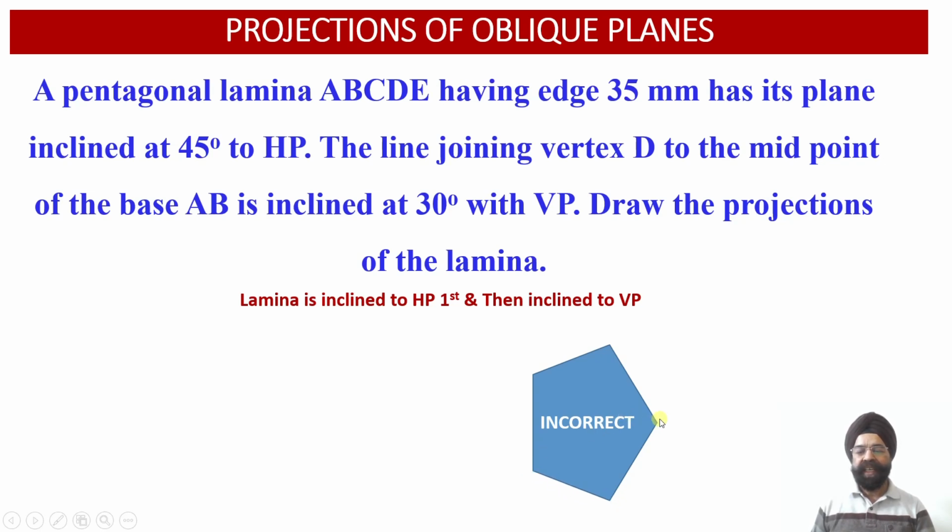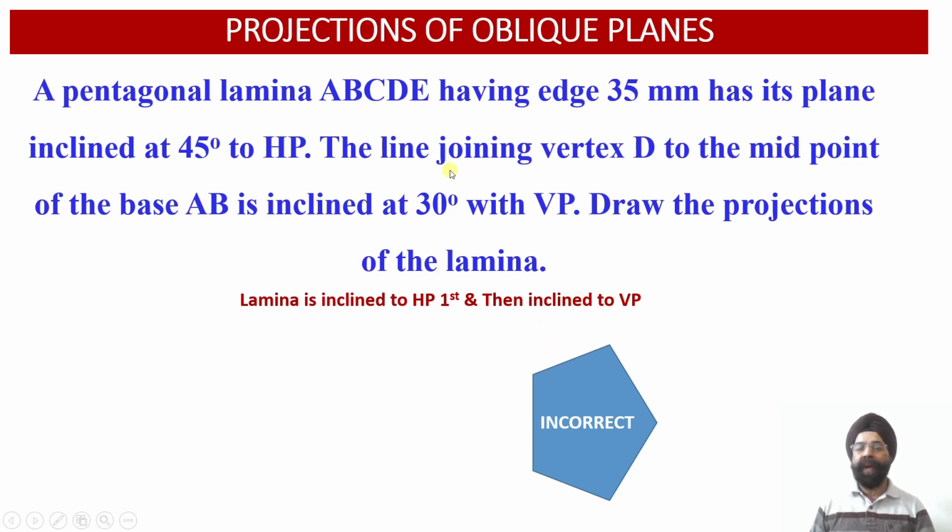Besides this, there will be foreshortening of the line which joins the vertex D and the midpoint of the edge AB. So here the apparent length will be available in the top view projections when the lamina is inclined with respect to the horizontal plane at an angle of 45 degree.